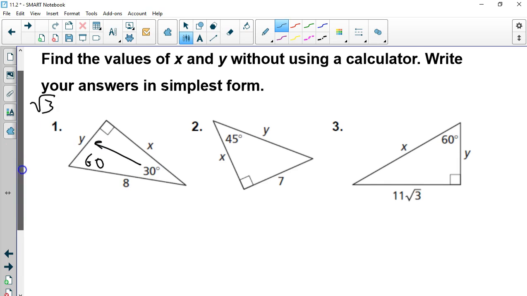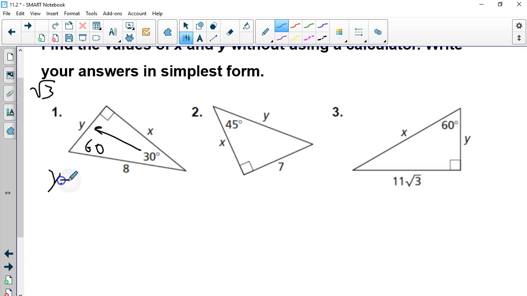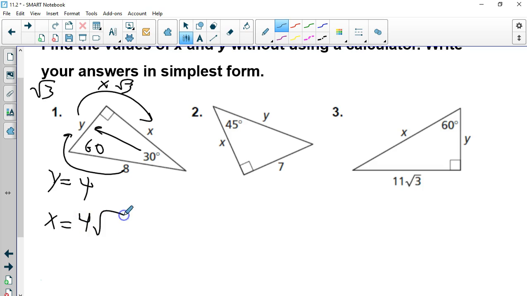So to go there, we're going to do y equals, remember we're going from the longest side to the short side, all right? And that is actually half, okay? So half of 8 is 4. And then x, we're going from here to the longer side, we're going to multiply by that radical 3, is 4 radical 3.